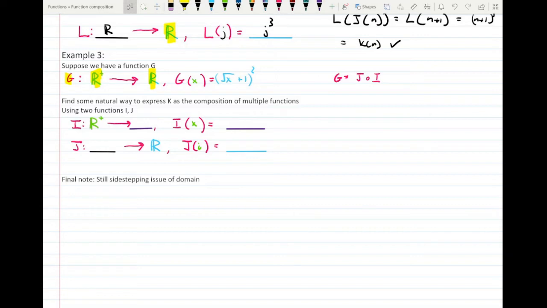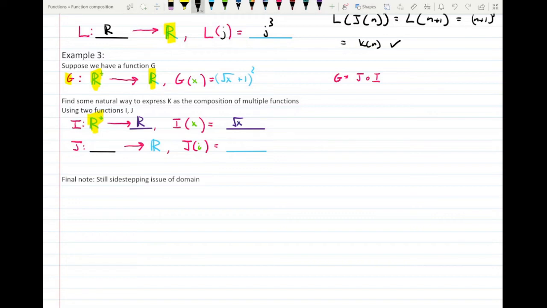I'm going to showcase one way using 2 functions. I'm going to call them I and j. And I, like usual, has the same input as g, so are positive or positive numbers. And we won't specify the codomain too strictly, we'll just say it outputs numbers. And I is going to encapsulate the square root step. So I will have I of x be the square root of x.